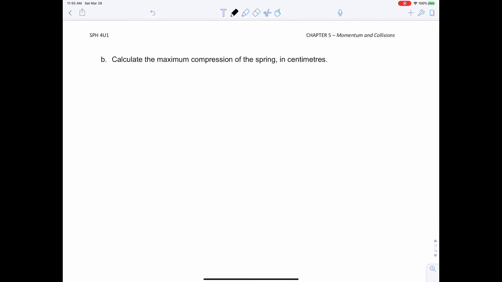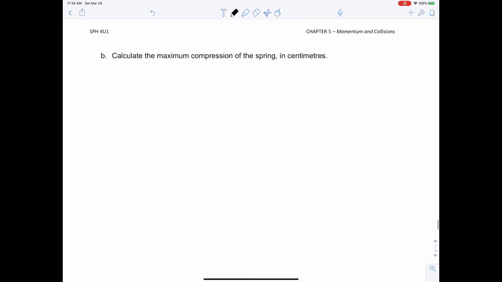Let's take a look at the final problem. In part B, they want us to calculate the maximum compression of the spring in centimeters.